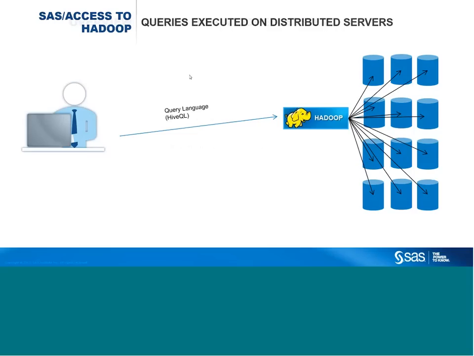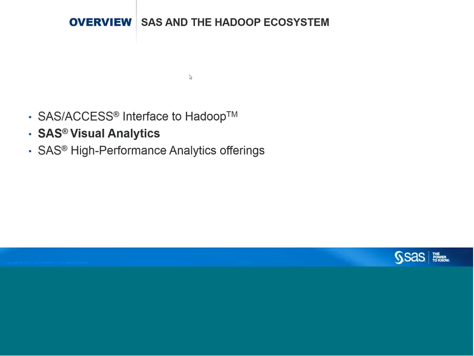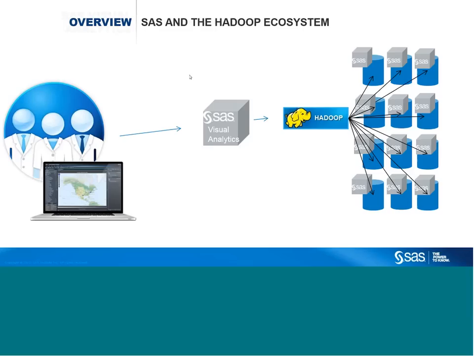A couple of other technologies that are probably more interesting and more compelling for us are some of our technologies that operate inside the Hadoop cluster. Those can be products like our SAS Visual Analytics products, as well as our SAS High-Performance Analytics offerings. For Visual Analytics, the concept is that we take SAS code and deploy it on the individual data nodes inside your Hadoop cluster.